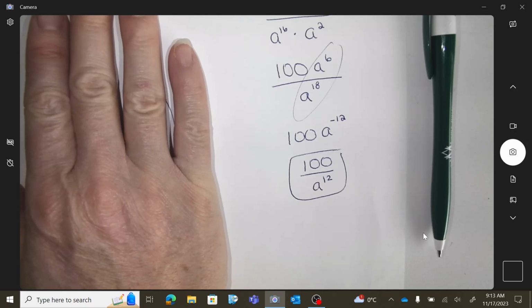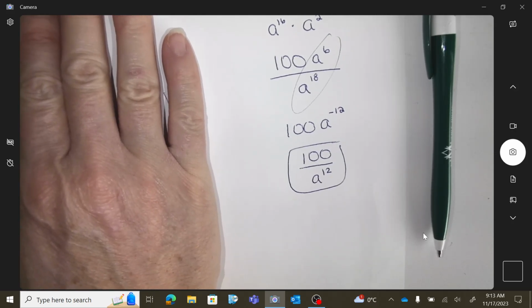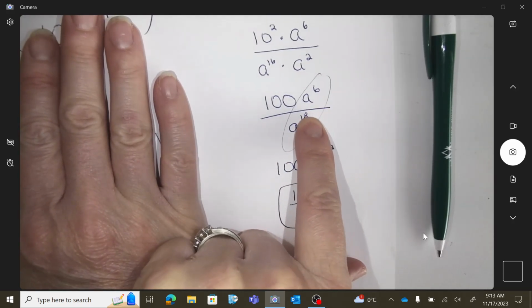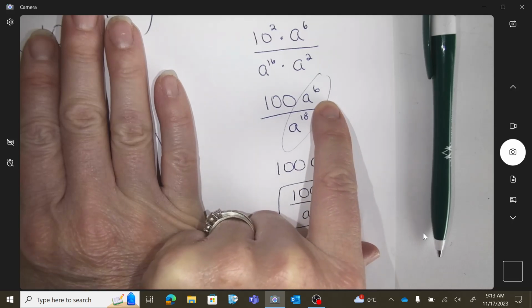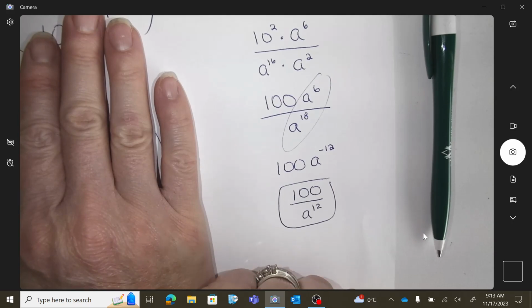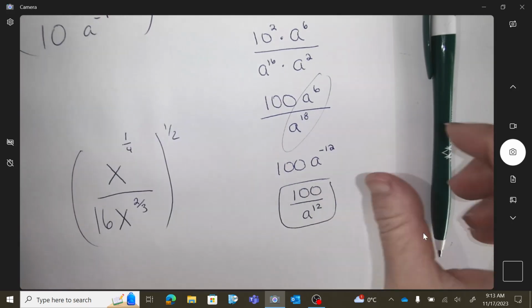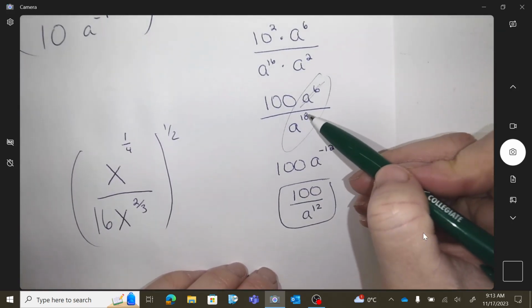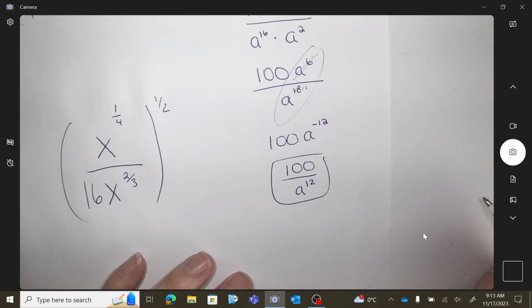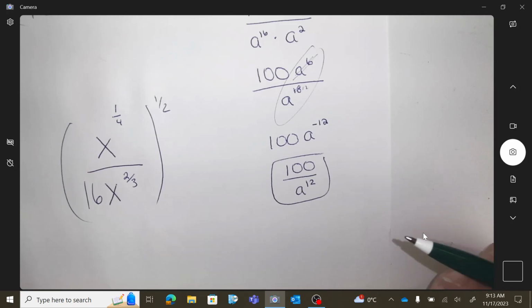The 100 does not move, right? 100 does not have a negative exponent on it. It is not moving. Okay? Some of you can maybe see this. Look, I can divide A6 out of the top, A6 out of the bottom, right? If I did that, this would be gone, and this would become a 12. Okay, that's the same kind of idea. That's where you get it from.